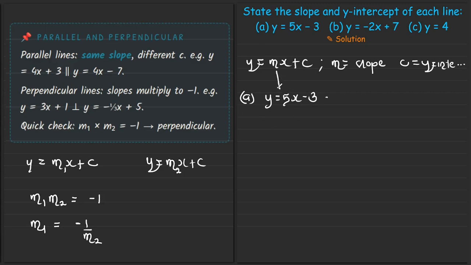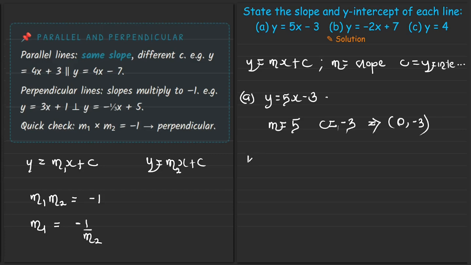So we know what our m is, our x is here, and then our c is here. By observation, m equals 5, and that is the slope. And c is negative 3. So our slope is 5, and our intercept is supposed to be a point. On the intercept, the x coordinate is 0. So if c is negative 3, then its coordinate is 0, negative 3. As simple as that.